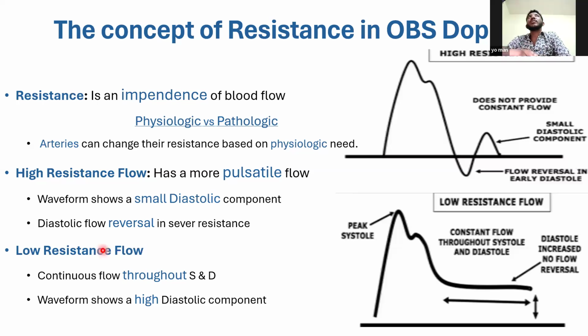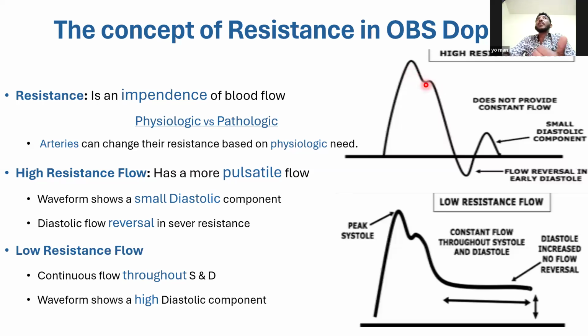First, you should understand that resistance is an impedance of blood flow, and it could be physiologic, and it could also be pathologic. Arteries can change their resistance based on the physiologic needs of the body. What I told you before is that the systolic flow is altered by the pressure gradient, which is created by the pumping actions of the heart.